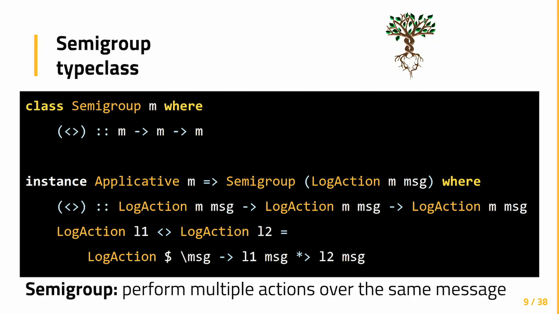The Semigroup instance for log action looks like this. We have two actions, and we create a new action that first runs the first logger over the message and then runs the second logger over the message. So that's how we can perform multiple actions over the same message. Here's an example.